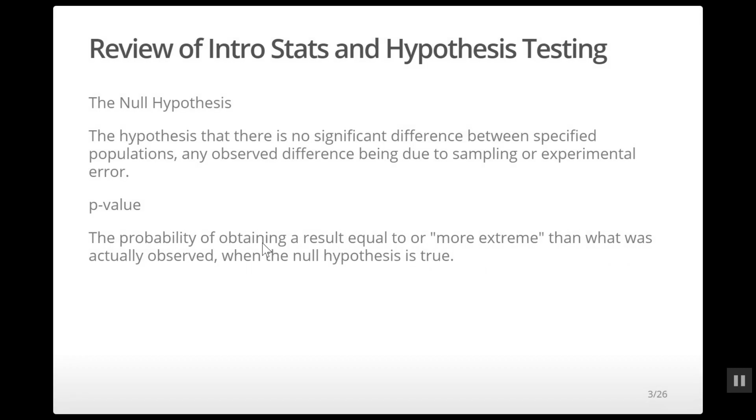All right, randomization test. This is what we're going to talk about today. And so we will do a concept review of hypothesis tests first, okay? Randomization tests are the computational alternative to using the central limit theorem. But maybe we should review intro stats and hypothesis testing.